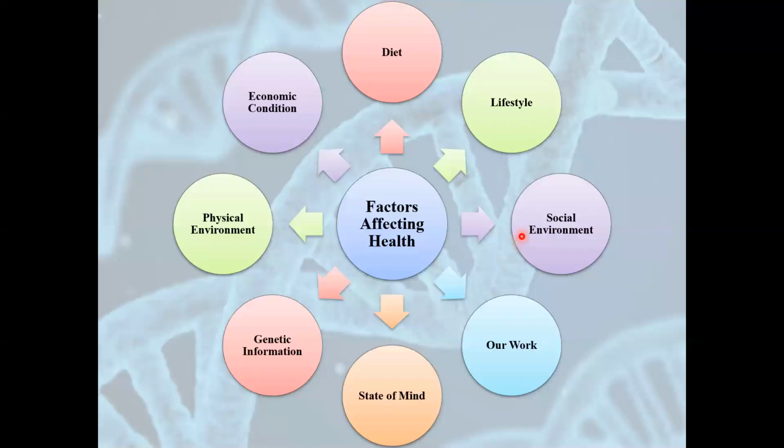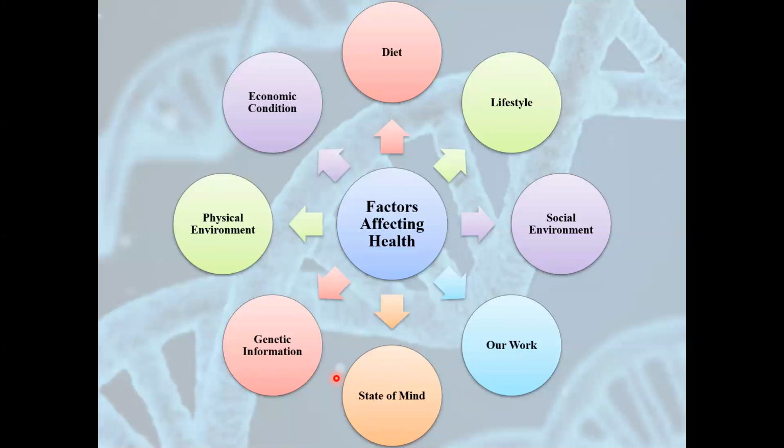There are certain factors which affect our health. The first factor is our diet. If we are having a proper, balanced diet, no junk food, then our health can be proper. Our lifestyle plays a very major role in affecting our health. Our social environment, that means what is around us, our work, the timings of our work, the pressure of our work, that affects our health, our state of mind, as mental health is directly related to physical health.